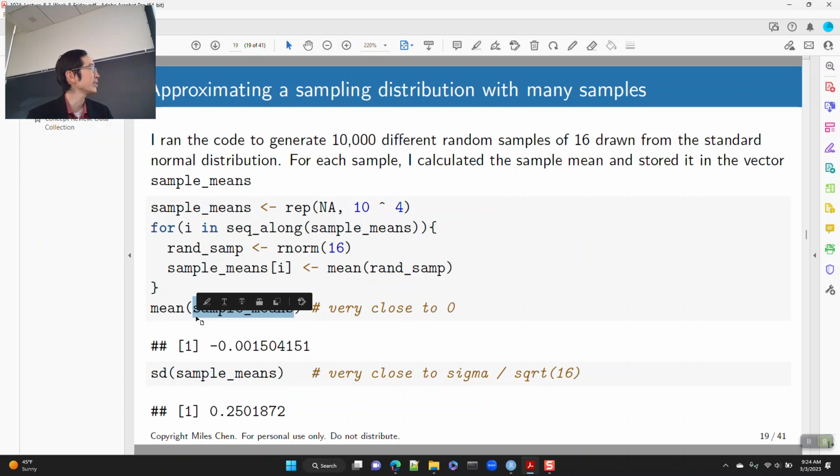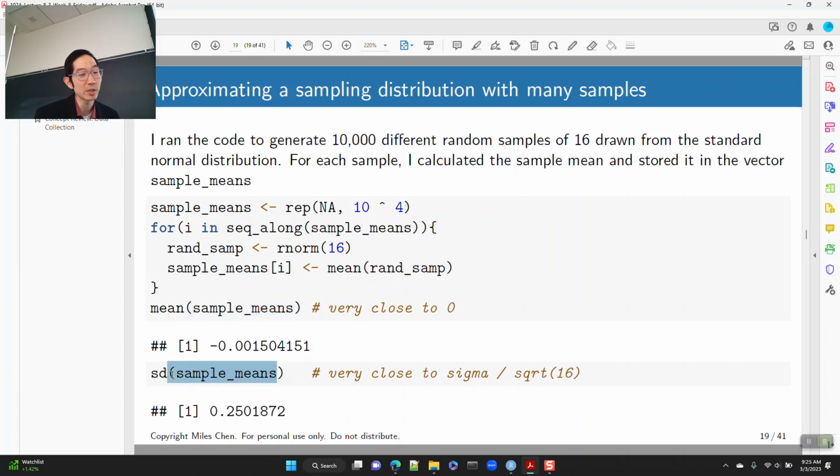And I ask, what is the mean of all 10,000 different sample means? I get a value very, very close to 0, 0.0015. And I ask, what is the standard deviation of all 10,000 of those sample means?